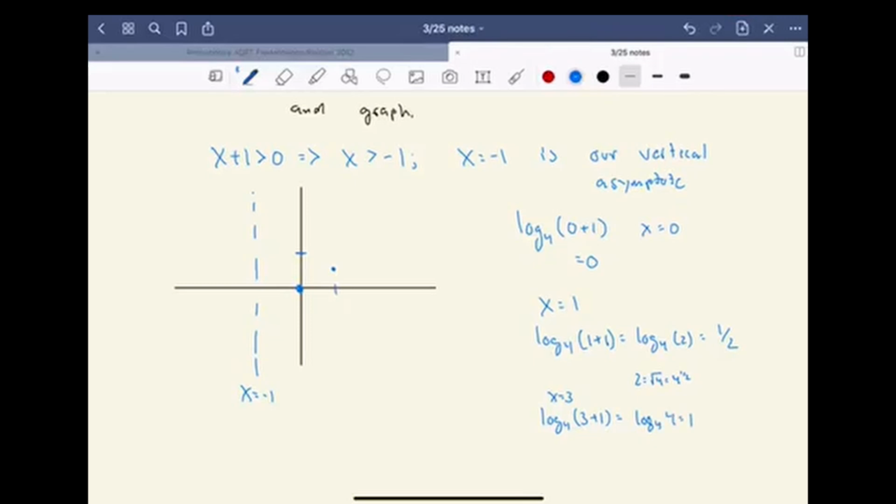That equals 1. So 3, 1. And now we're going to go ahead and just draw the graph. So this is the graph of y equals log base 4 of x plus 1. Okay, see you in the next video.